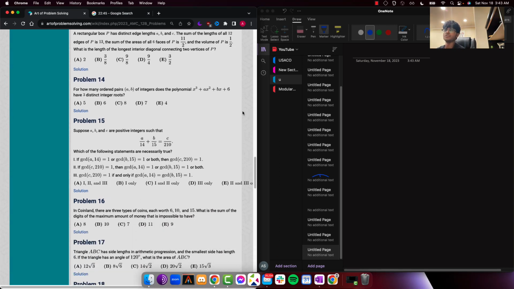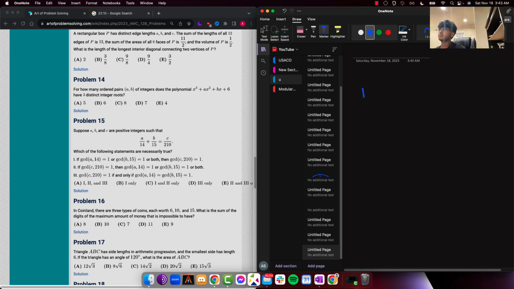For how many ordered pairs A, B of integers does this have 3 distinct integer roots? This looks like Vieta's to me, honestly, because we know... we should use PQR for looking at roots, probably, but we know PQR is -6 by Vieta's.